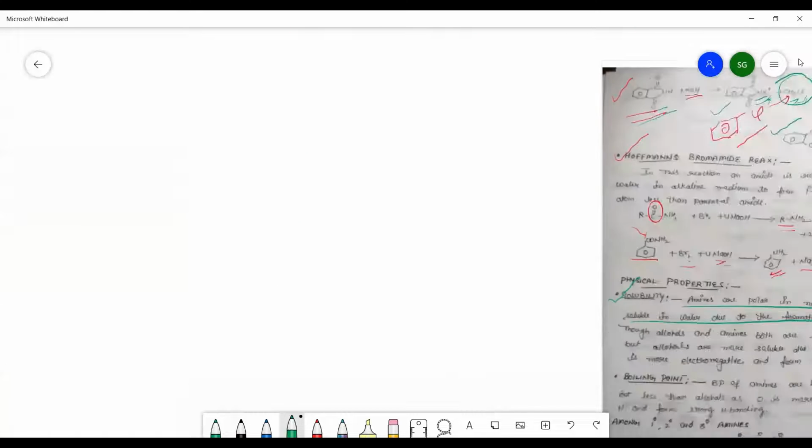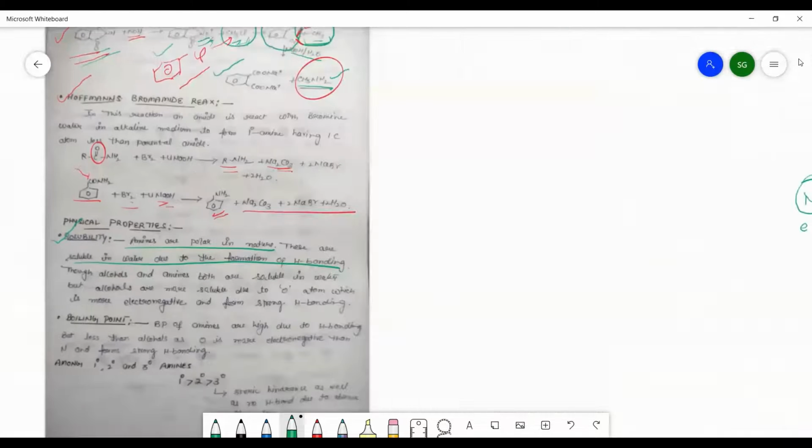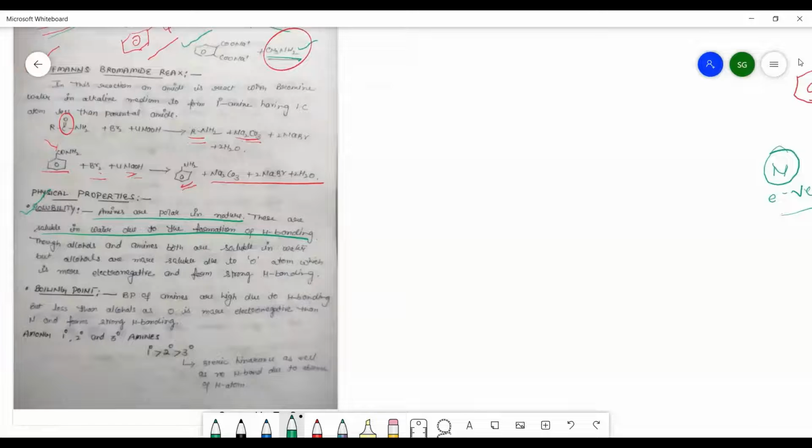As the carbon atoms increase, the solubility will decrease. See how it takes place. Suppose you have RNH2. As the R group increases, suppose you have methylamine and ethylamine.